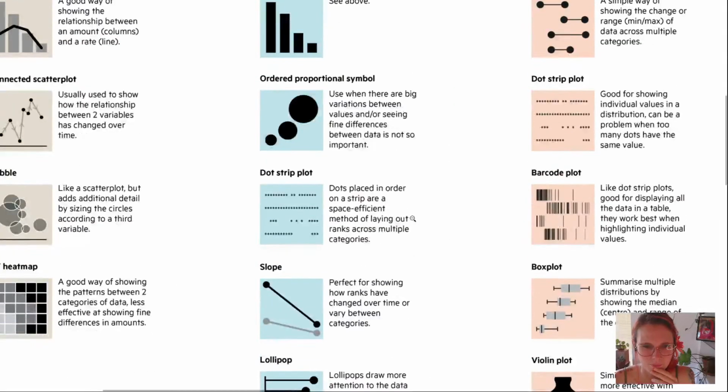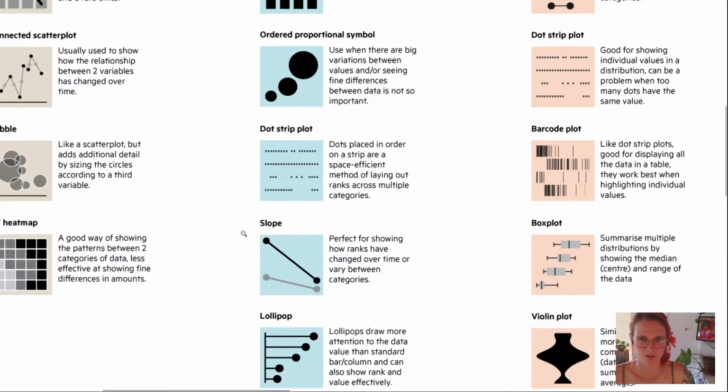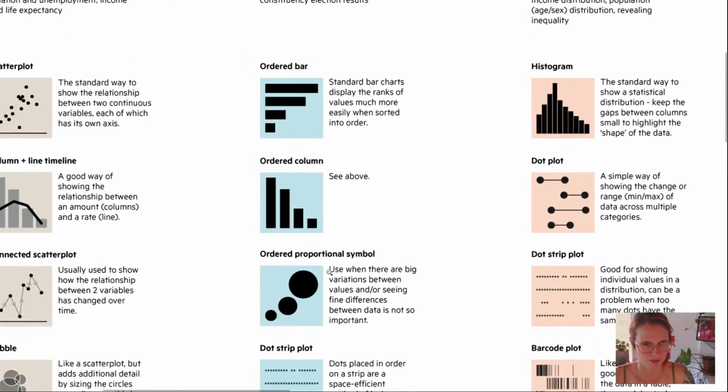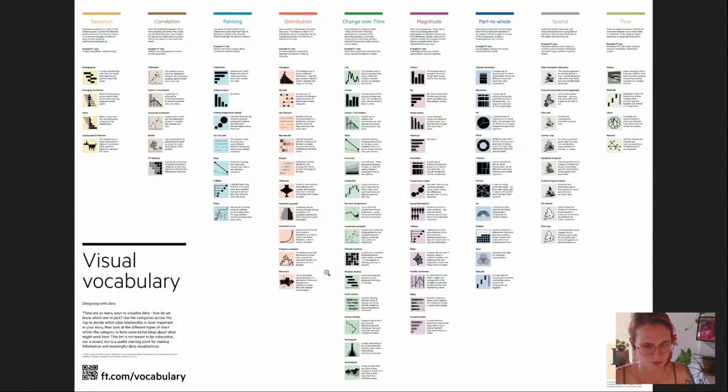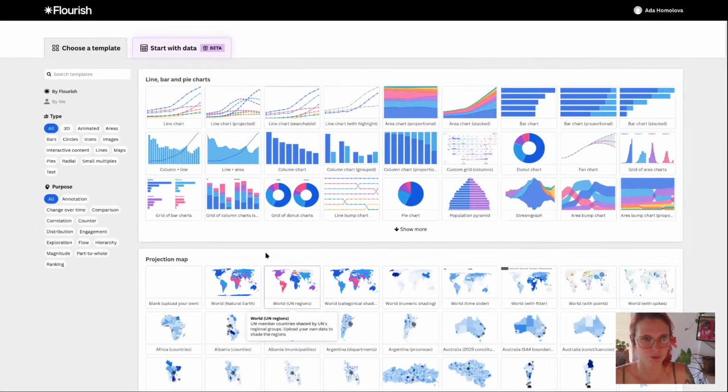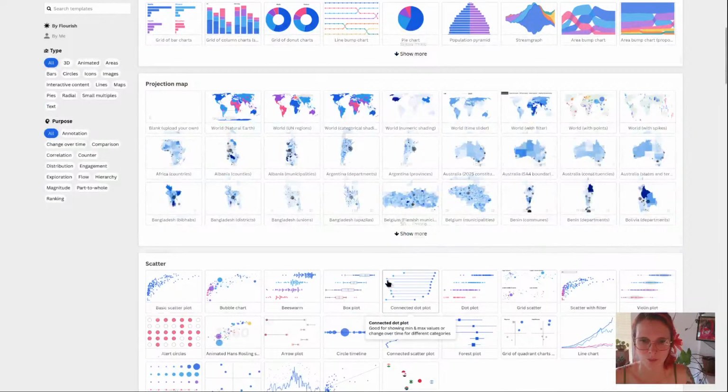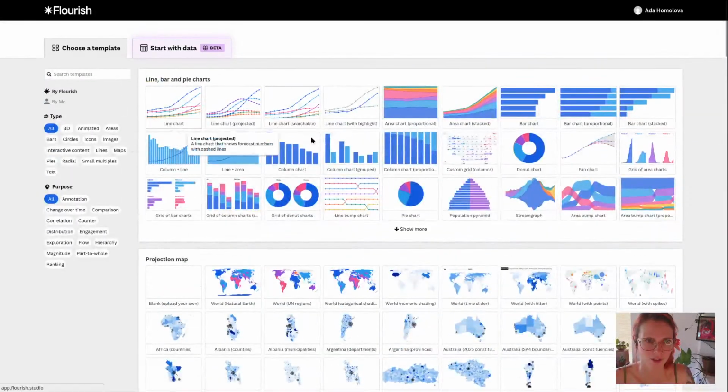So let's see if I can make a slope graph here. I think that could be interesting. So let me go back to this, and I can make slope graphs with line charts.